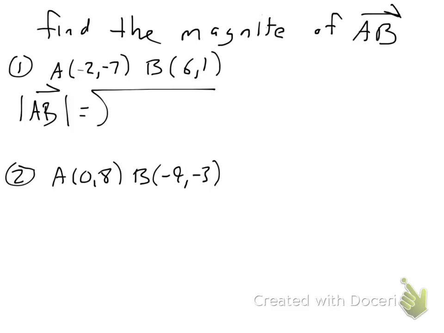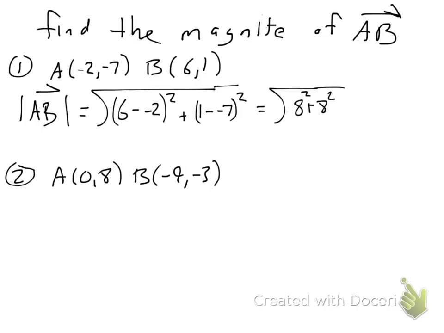It's the square root of 6 minus a negative 2 squared plus 1 minus a negative 7 squared. Or wait a minute, that was what we did earlier, and that is the square root of 8 squared plus 8 squared, which is 64 plus 64 square root, or the square root of 128.